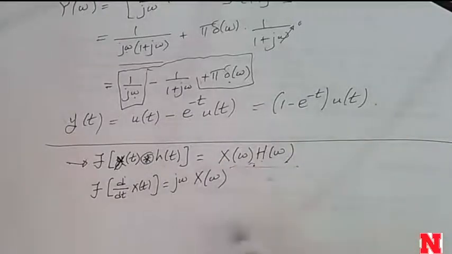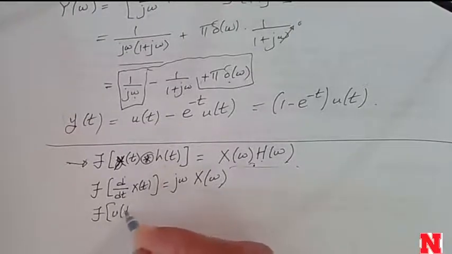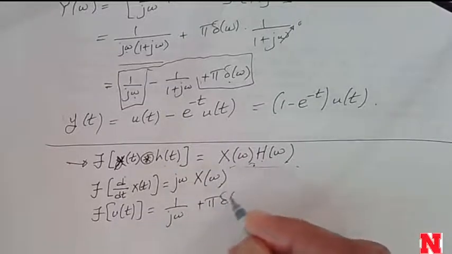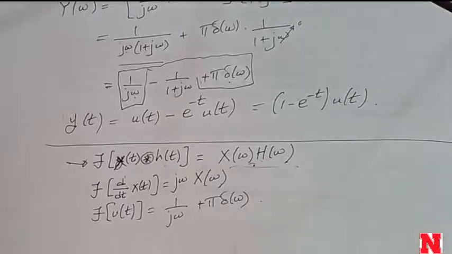And from here, we figured out how to find the Fourier transform of something which doesn't satisfy the Dirichlet conditions, and therefore you can't use the Fourier integral to find its Fourier transform. So we found the Fourier transform to be equal to 1 over j omega plus pi delta of omega, and that's it.